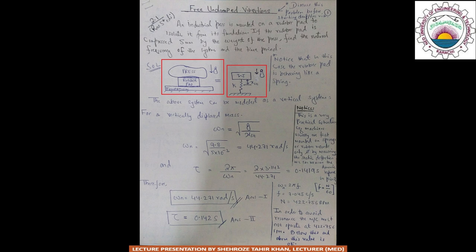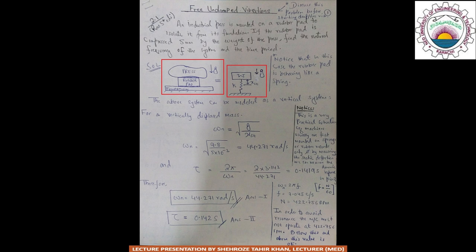Next, we have formula of natural frequency omega n, which is equal to under root k upon m. So in order to find out the natural frequency for the system, we have to interpret our system elements in the form of k and m. Since the press is falling under the action of gravity, it has some weight, and weight is given by W is equal to mg.